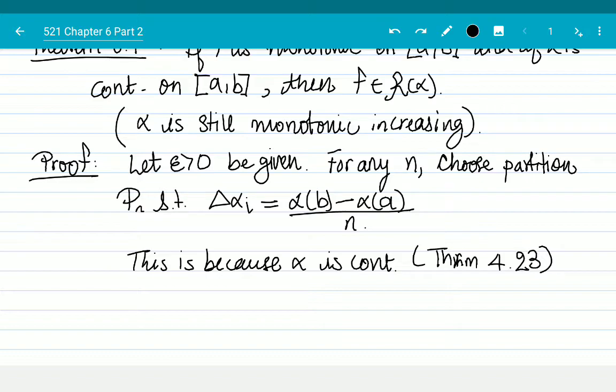Now assume f is monotonically increasing, without loss of generality, or an analogous proof in the other case.